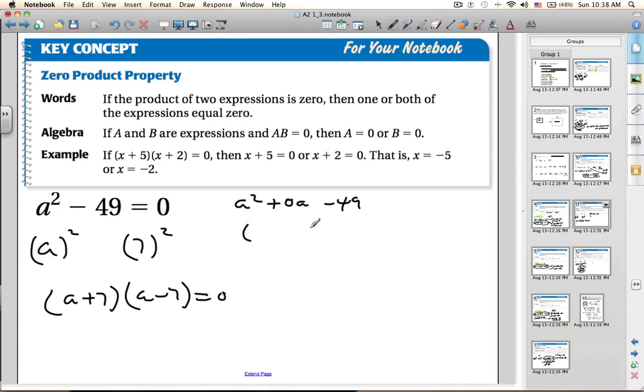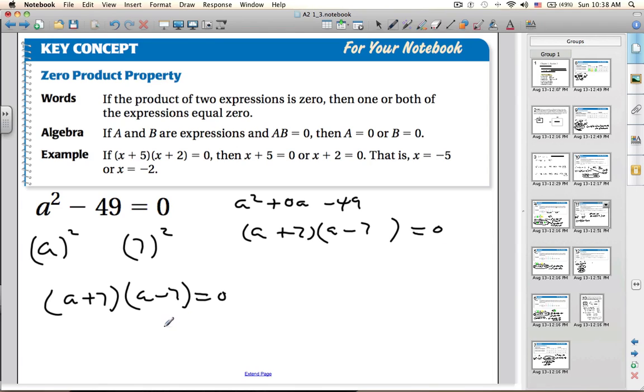I know that binomials have different signs because this is a minus. And so 1 and 49, that doesn't have a difference of 0. 7 and 7, that does have a difference of 0. So if I don't catch the fact that it's the difference of two squares, and I continue to engage with the problem with other skills that I already have, I can still factor it and get the right answers.